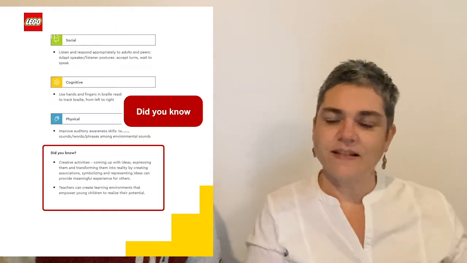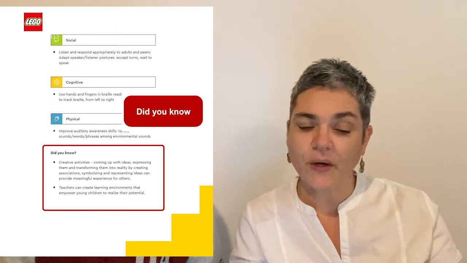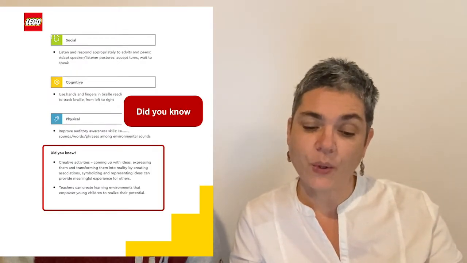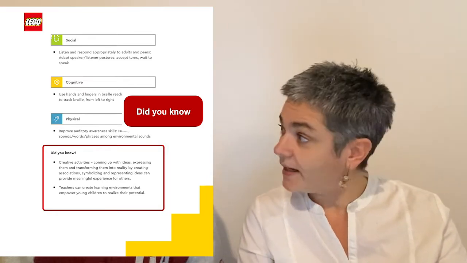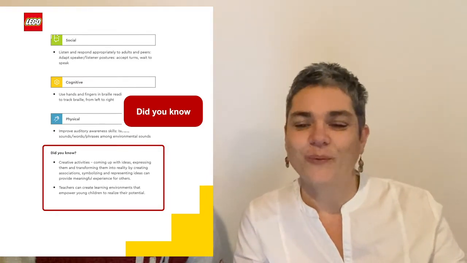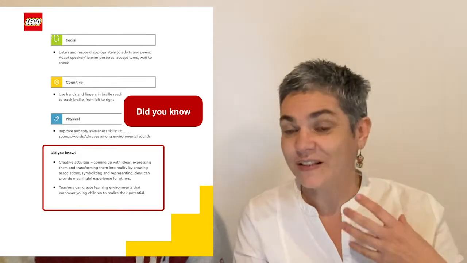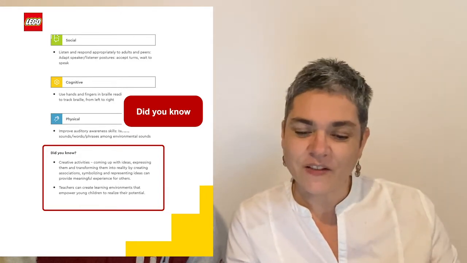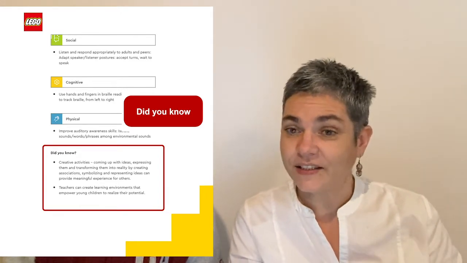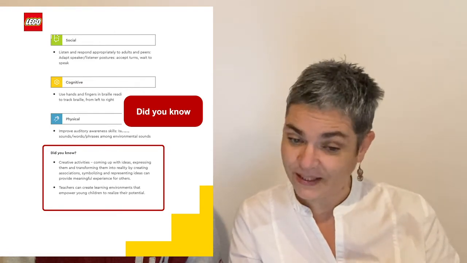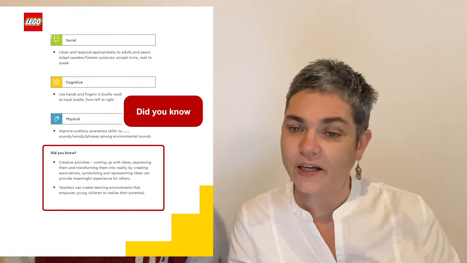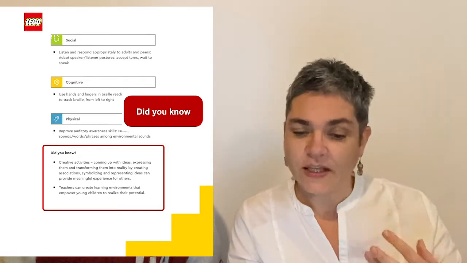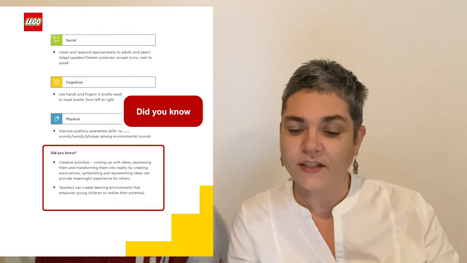And last, it is the "Did you know?" Here you have two different "Did you knows." The first one is about creative activities, a reminder for many of you of what they are: coming up with ideas, expressing them, and transforming them into reality by creating associations, symbolizing and representing ideas.